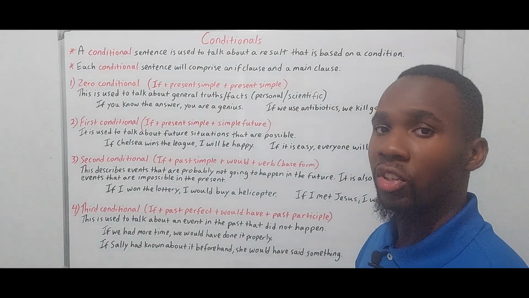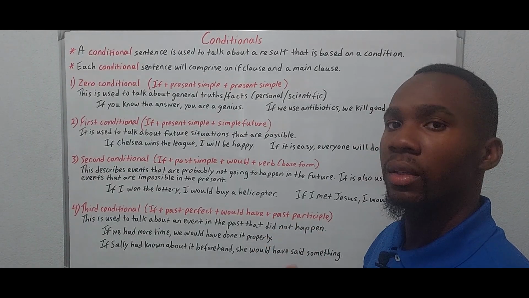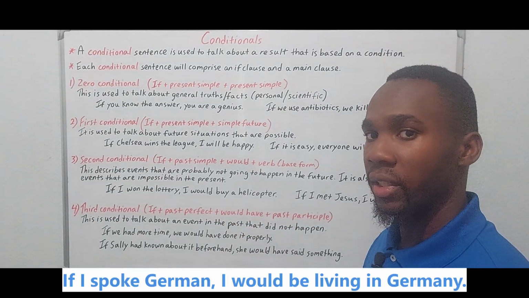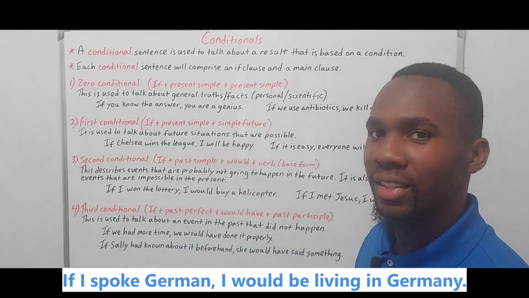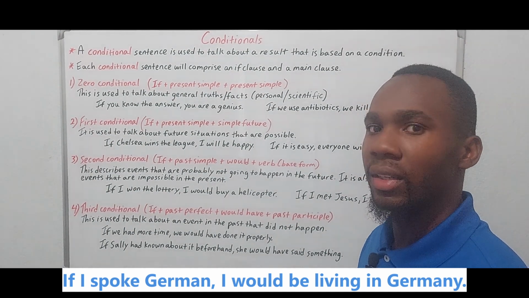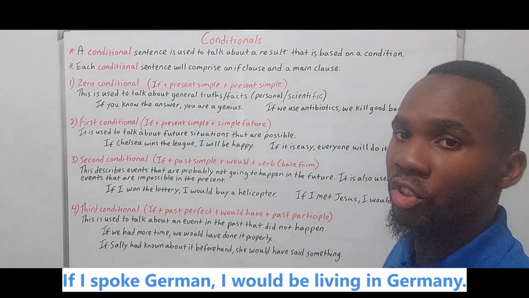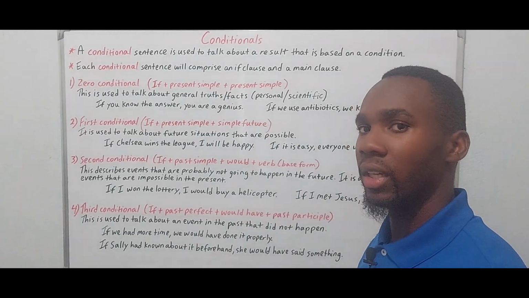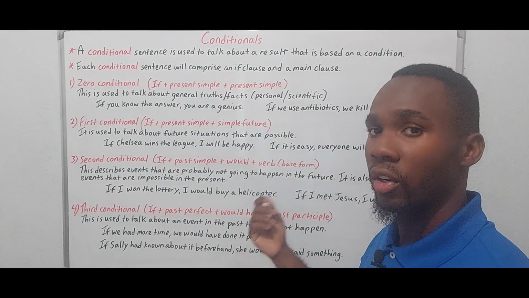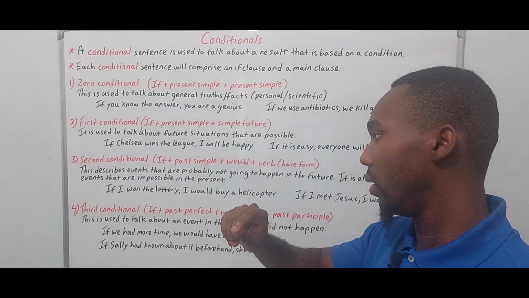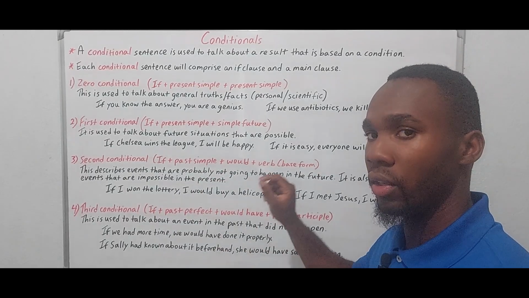If I spoke German, I would be living in Germany. Pretty impossible because I do not speak German. So I cannot live in Germany, right? If I spoke German, I would be living in Germany, right? So we can use the continuous not only in the condition, but also in the result, right?